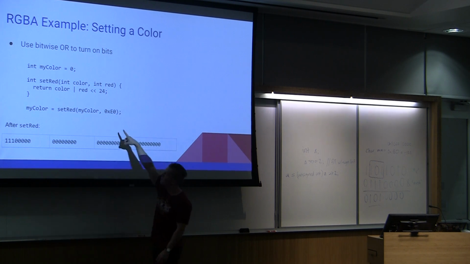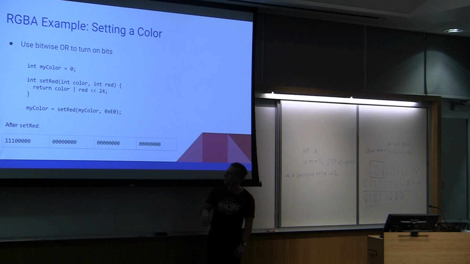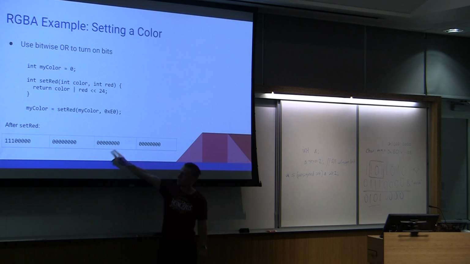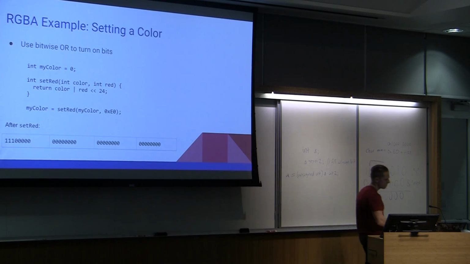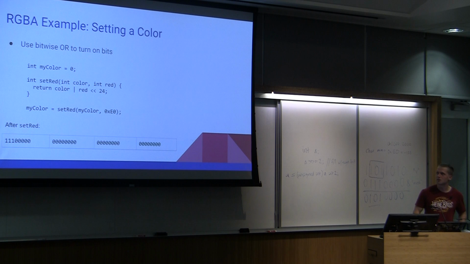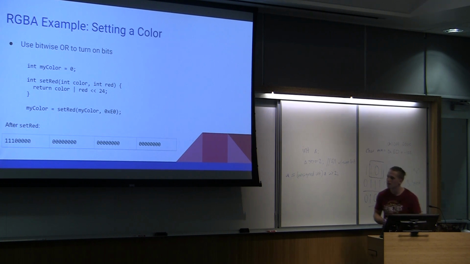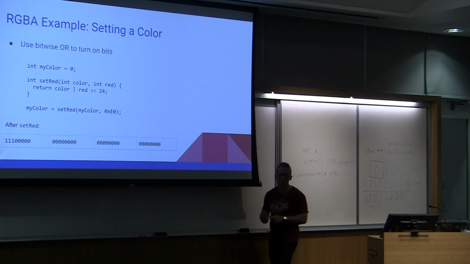So the first thing I do is left shift it 24 places. Basically that's the number of columns it has to traverse before it's in that position. And then I'm going to OR it with the original color variable, which started out as all zeros. When you OR something together, remember that the output will be true if either of the inputs was true.